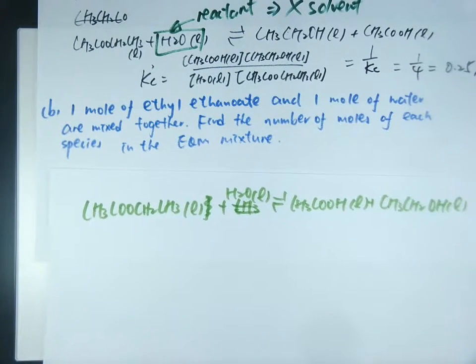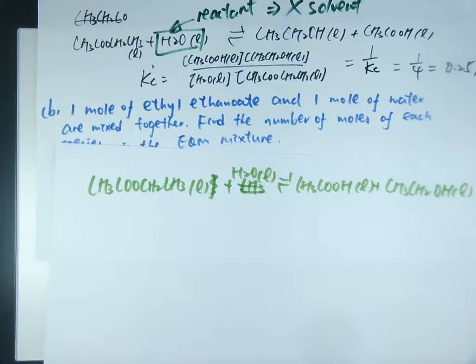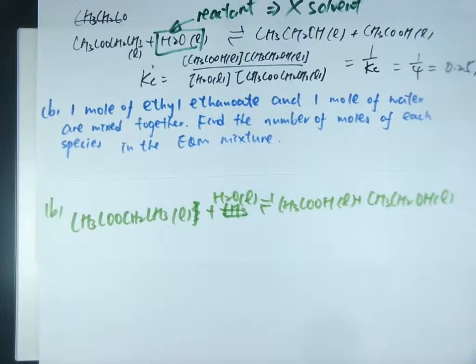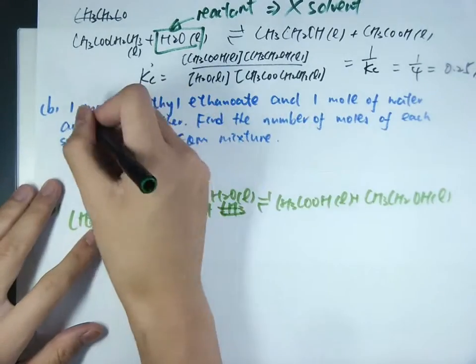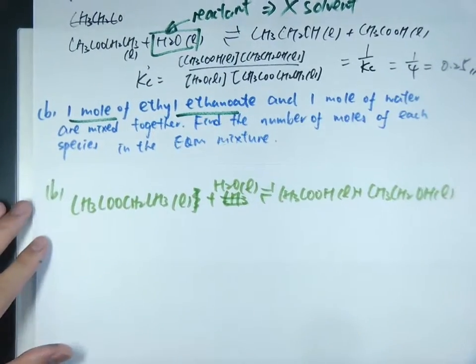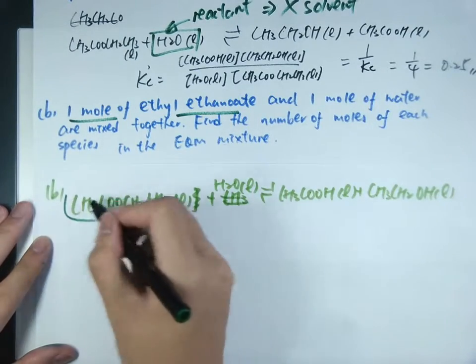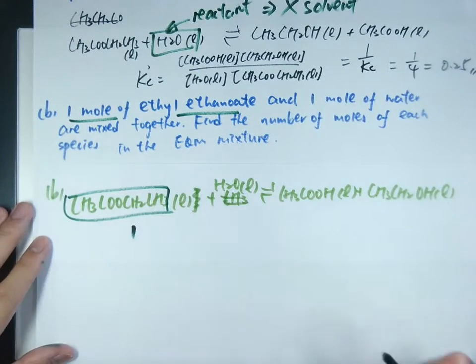So this would be the equation for part B. Okay, now we put down the information that we have, which is 1 mole of ethyl ethanoate. Ethyl ethanoate is actually this one. Okay, so we have 1 mole. 1 mole of water.